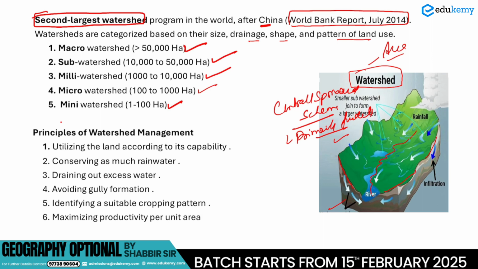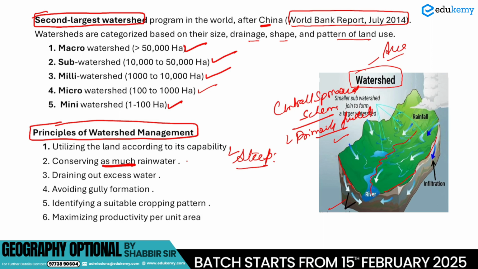Let us see some of the principles of watershed management. The first principle is to utilize the land according to its capability. That means if the land is steep, you should grow forest or some grasses on it so as to prevent soil erosion. This is how you can utilize the land according to its capability. Next is conserving as much rainwater as possible.